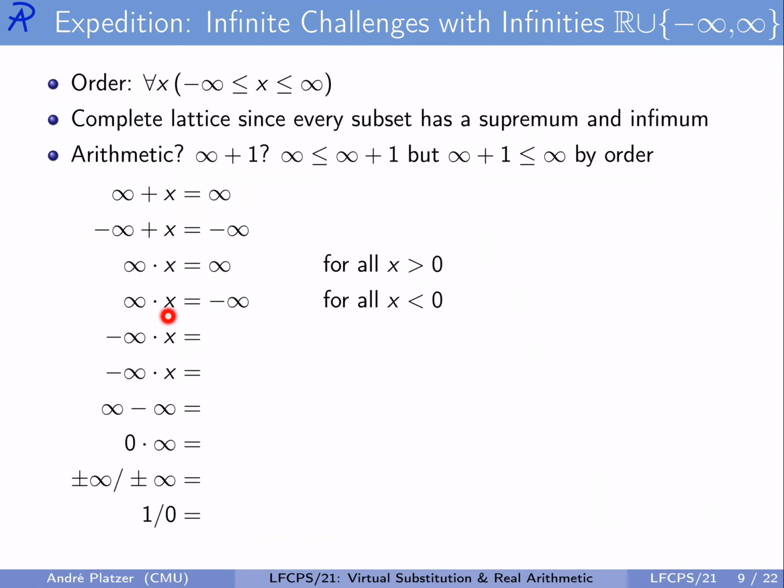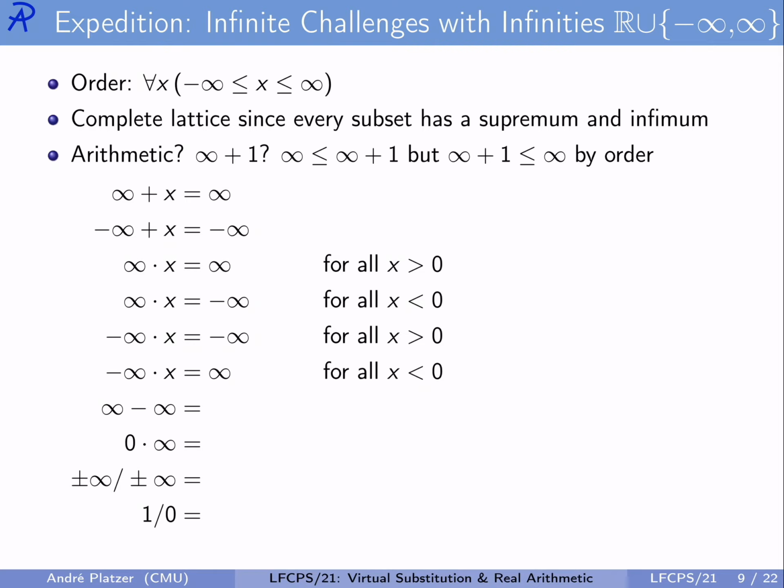But if we multiply infinity with a number that is negative, then we're going to get minus infinity, because the negative one flips the sign. And in these two cases it's dual. So minus infinity times a number which is itself positive stays minus infinity. But minus infinity times a number which is itself negative becomes plus infinity. Okay, so far this was working quite well.